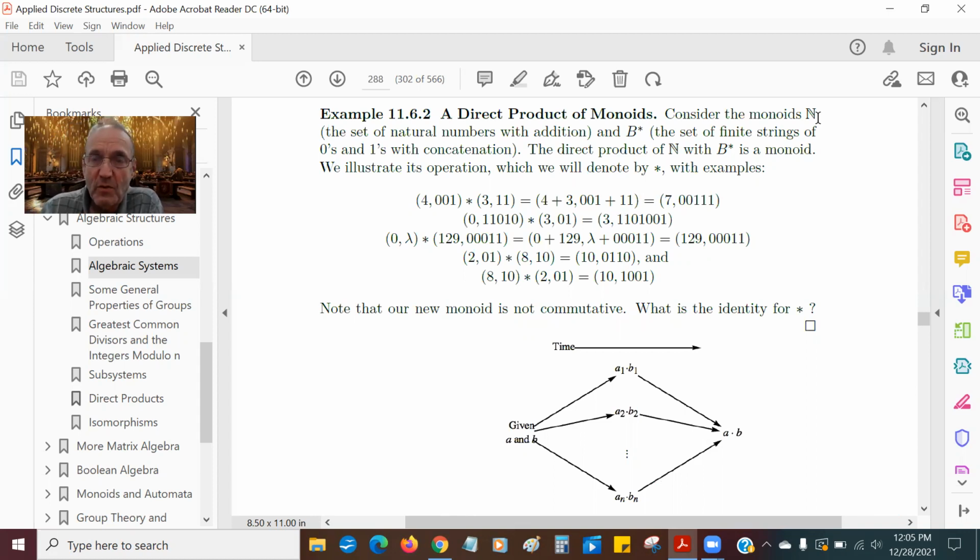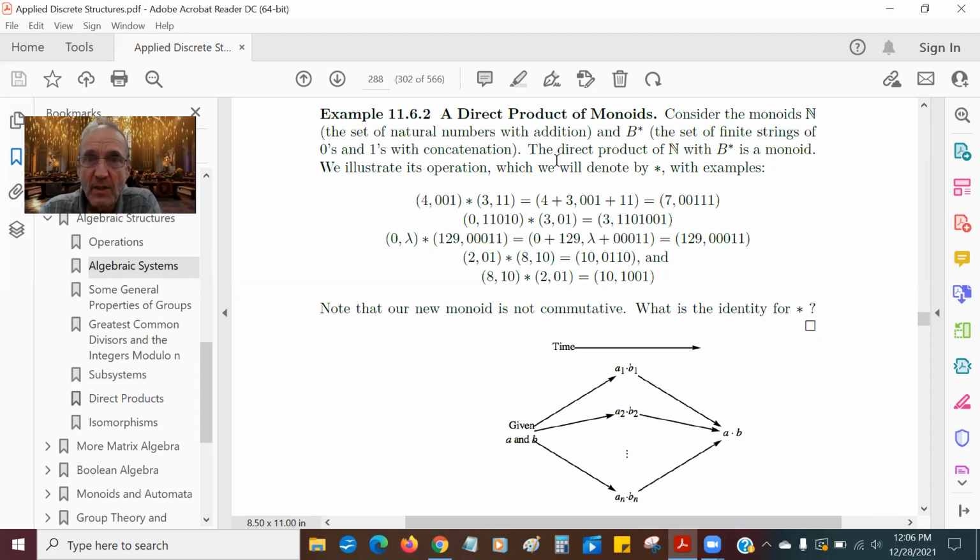It's 0, 1, 2, 3, 4, 5, and so on. And B star is the set of finite strings of zeros and ones with concatenation. Concatenation, as you may recall, is when I take two strings and join them together into a longer string. And the direct product of N and B star is a monoid.